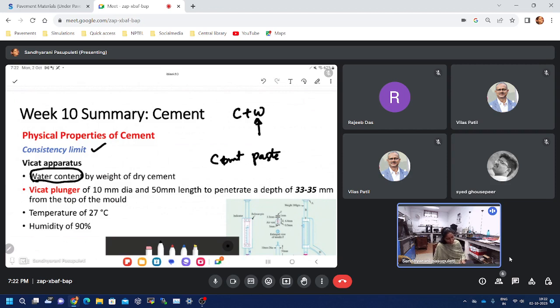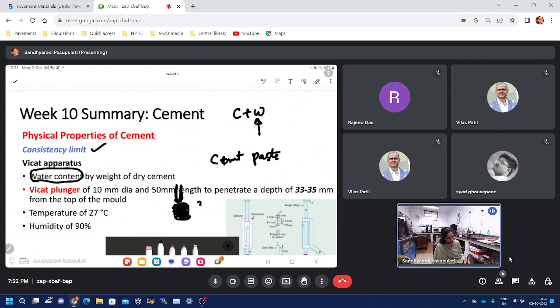Now I fill that cement paste into a mold which has standard dimensions. Then I have a plunger from the top. It is a cylindrical plunger, and I try to penetrate with it. If the paste is very hard, that plunger will not move. It is similar to the penetration test in bitumen.